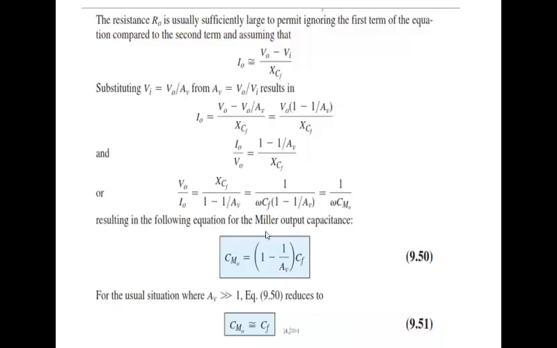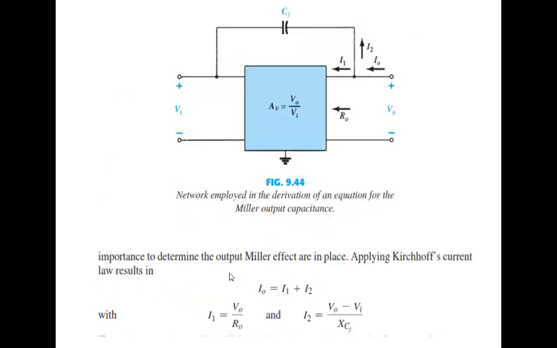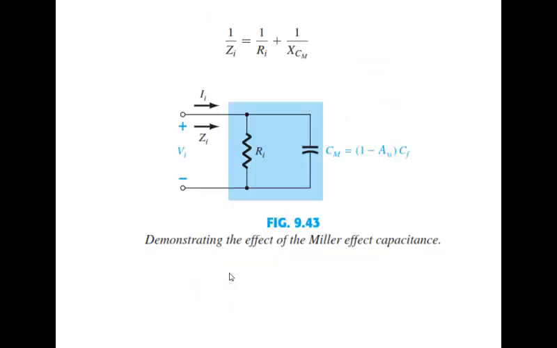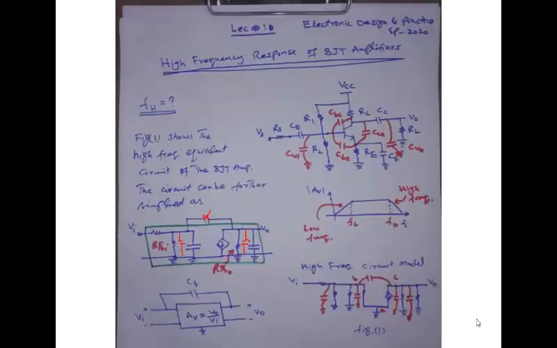I will arrive at this conclusion, indicating the Miller output capacitance, which will appear at the output port, a reflected effect of this capacitance, and it becomes parallel with the other capacitance as shown here.